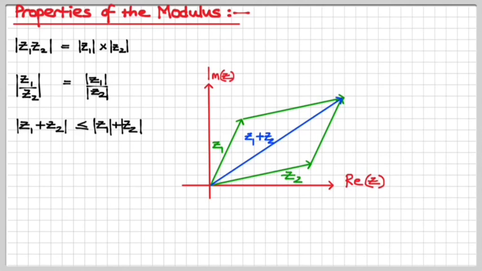Now, this little diagram will show you why that's the case. We've got z1 here and we've got z2 to here. Now, this blue line z1 plus z2 is the result of adding z1 and z2 together. Now you can see that this blue line would be less than the individual lengths of this one and this one, wouldn't it?